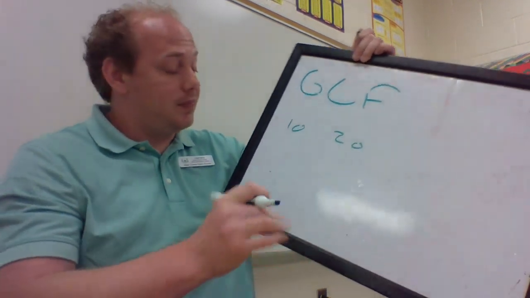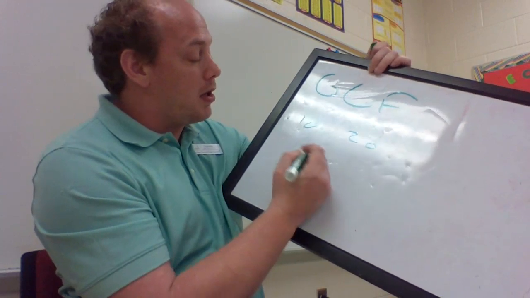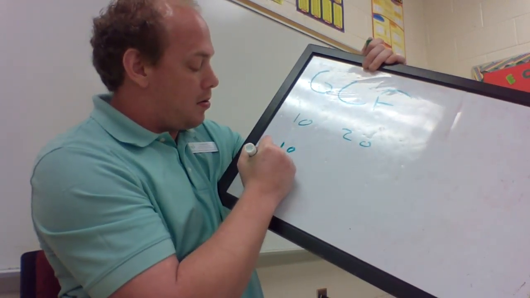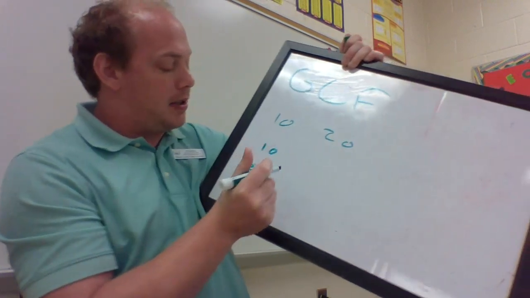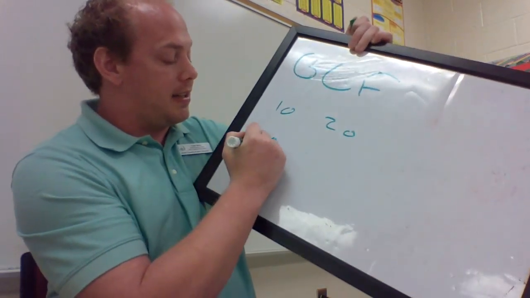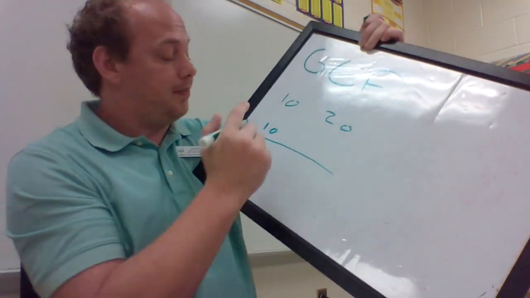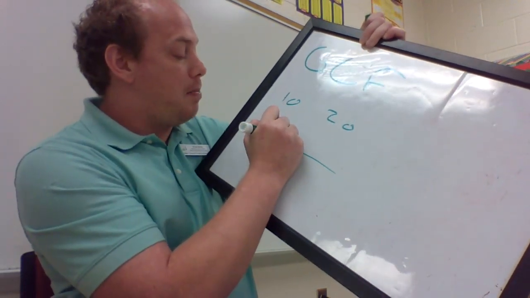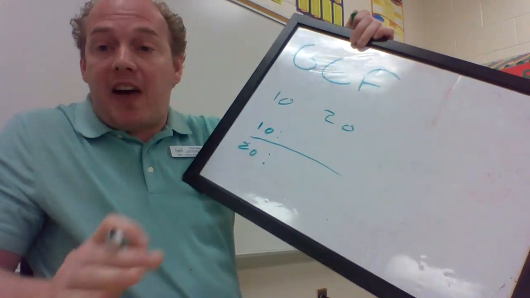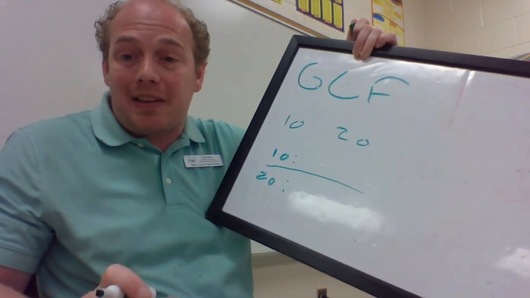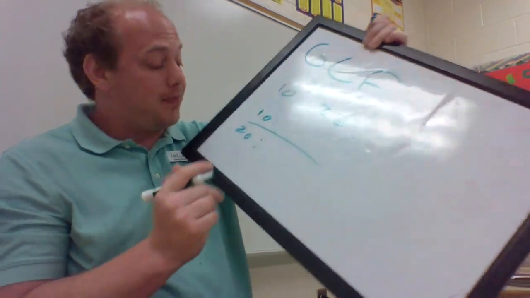Very good. But here's what we're going to do to make our lives easier. We're going to put these numbers in a column like this. We're going to list all the factors. And basically, what a factor is, is two numbers that multiply together to give you that number.